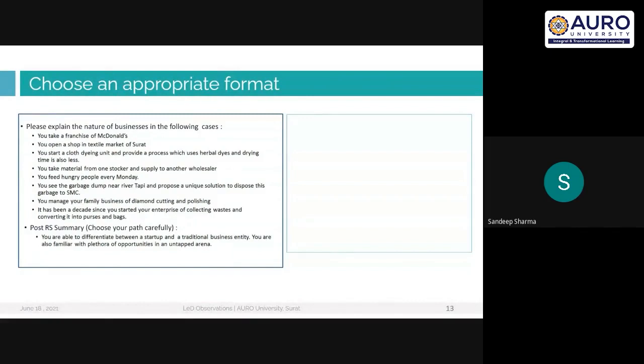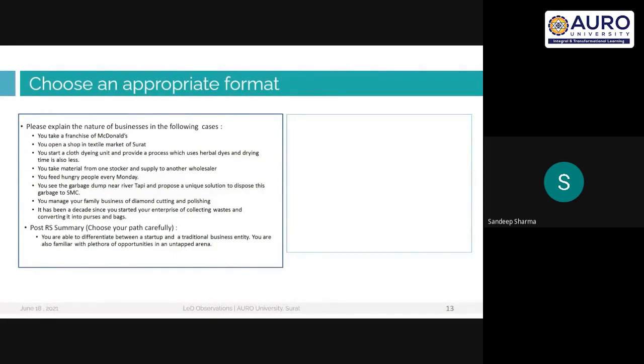The idea was, after explaining the concepts of various businesses, trades, startups, entrepreneurs, social entrepreneurs, I want to give them some case studies, some examples, so that they can categorize whether this can be a normal business or a startup business.